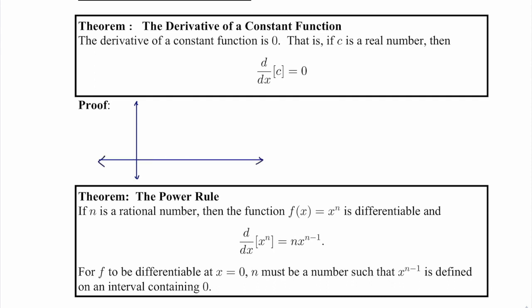But if we have a function that's at a fixed c value, we can see that the tangent line is always going to be horizontal because the line itself is horizontal. And so the slope of the tangent line is always 0.